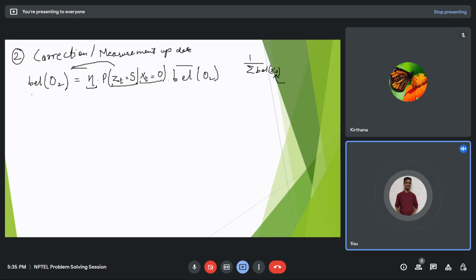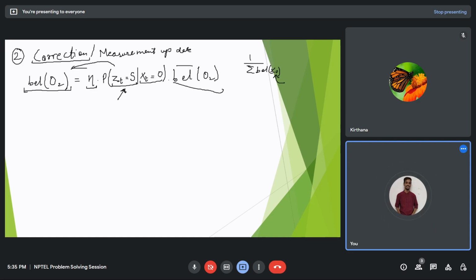This is what gives you your updated or corrected belief. You use correction when you are very sure that whatever your sensor is giving is correct, so in that sense you are correcting your prediction.